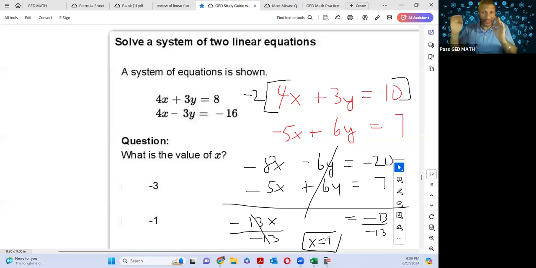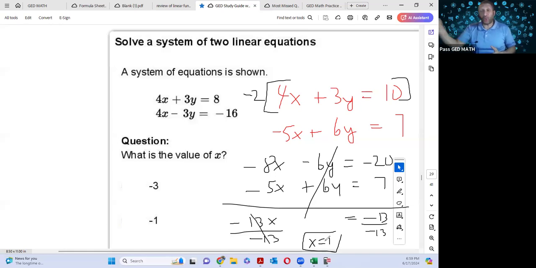So there are 3 ways the GED is going to give you these. That's why there are so many resources out there that give you all these crazy, different types of questions. What you should be doing is understanding the type of questions you are going to get. When you talk about system of equations, if they give you 2 graphs, you have to know where the 2 lines cross. Whatever that point is, you get your x and your y.